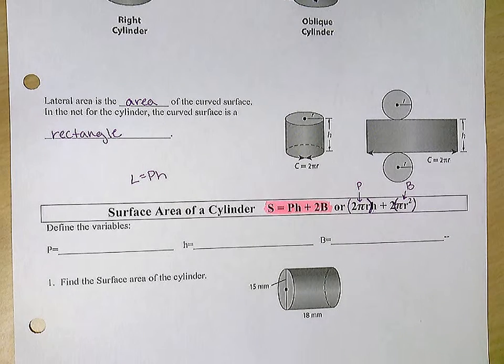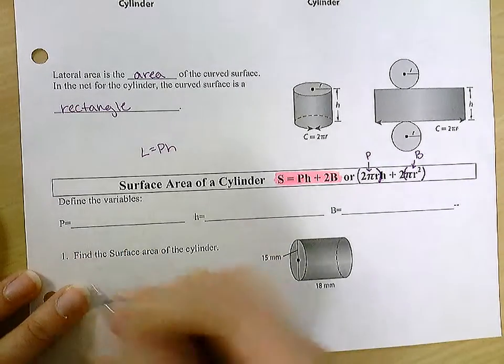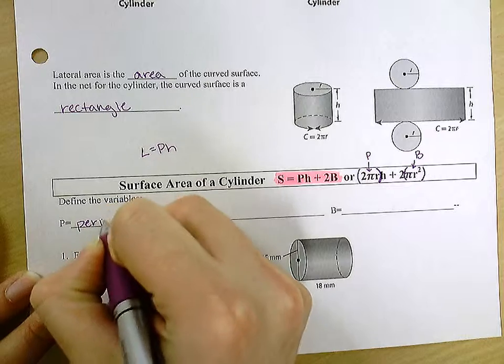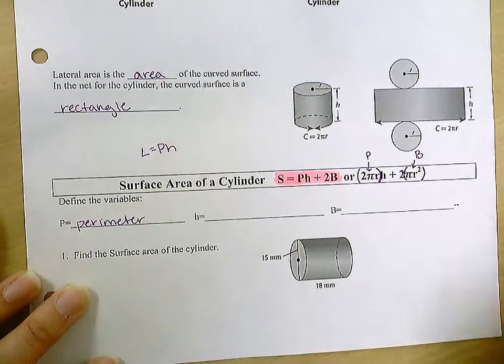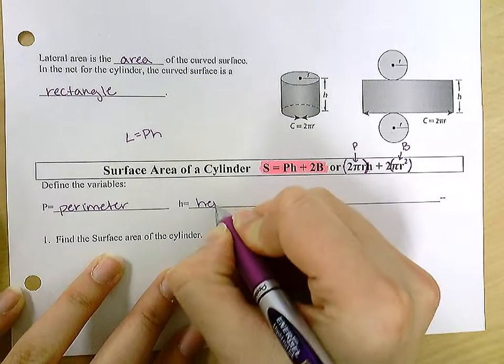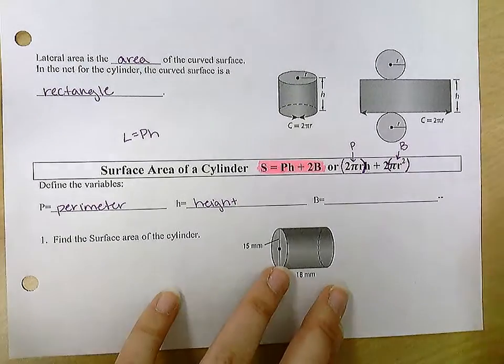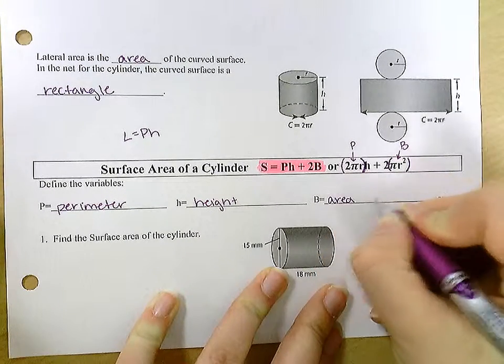In a cylinder, your bases are always going to be circles. That's why we're using the circumference formula for perimeter and that area formula pi r squared for the area of a circle. So again, each of these variables in this formula: P is the perimeter, H is the height, and B is the area of the base.